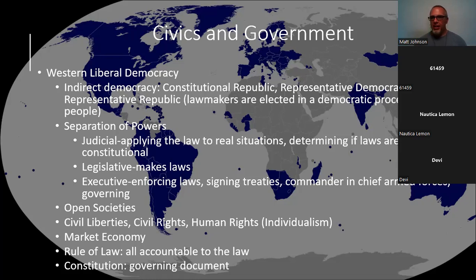They set an agenda. They can write bills that have to be introduced in Congress by somebody in Congress, but they can actually write bills, which they have done in the past.